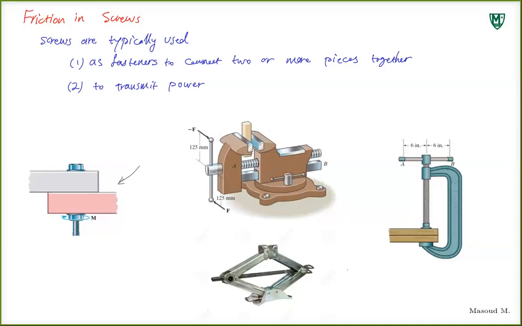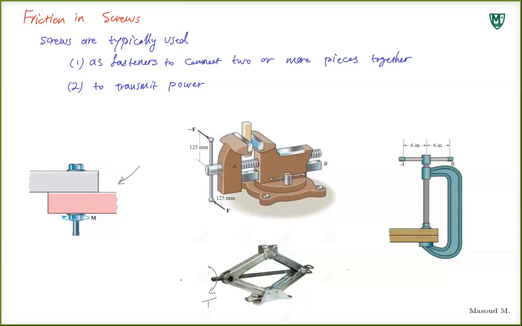But when we talk about transmitting power, the most common example you see in daily life is a car jack. When you use a car jack to lift up your car, what you are doing basically is applying a torque or a moment to the screw, right?